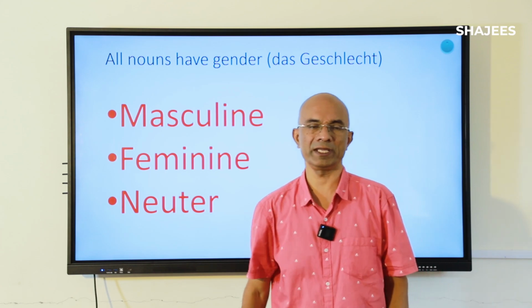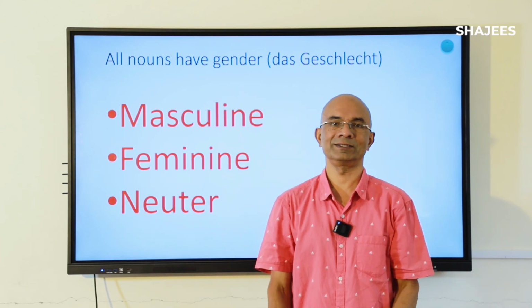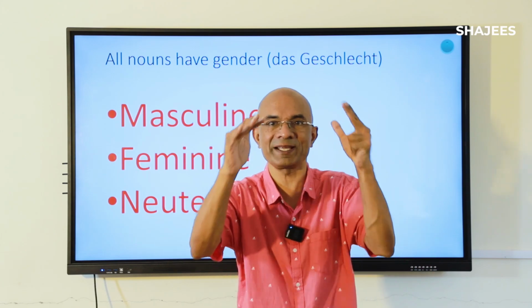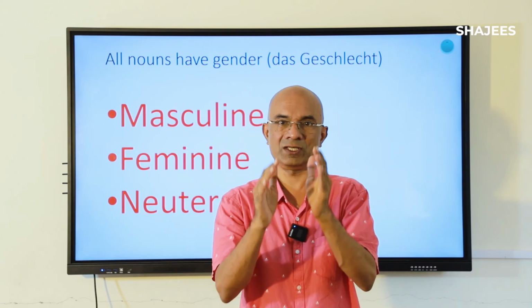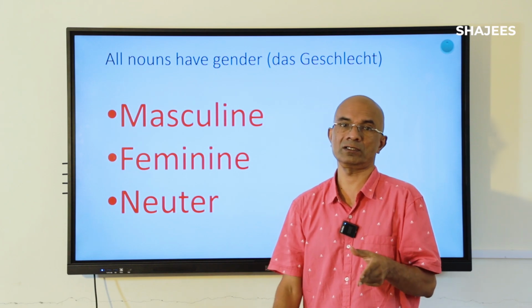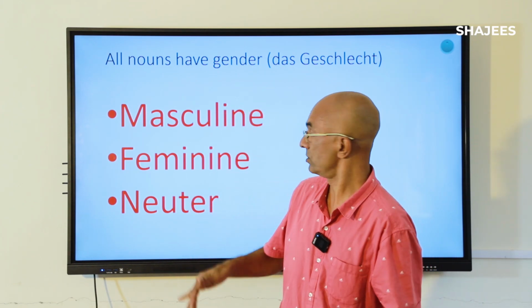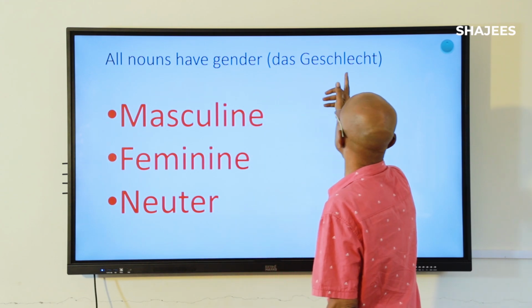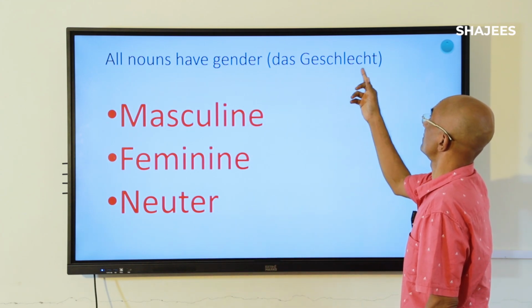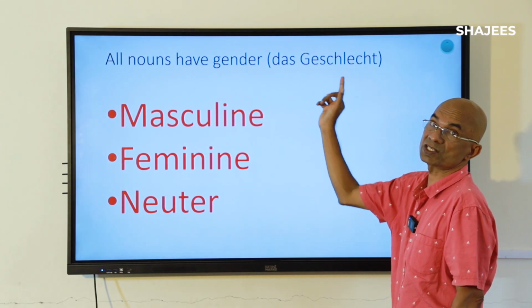every part of the body, or everything, has a gender. My God, it's going to be a tough thing, but let's make things very easy. Masculine gender, feminine gender, and neutral gender. It's called das Geschlecht, which means gender.